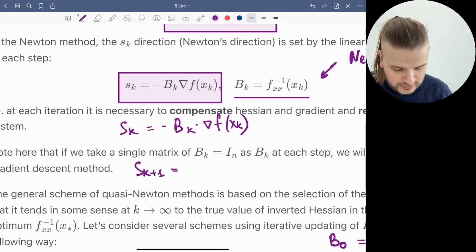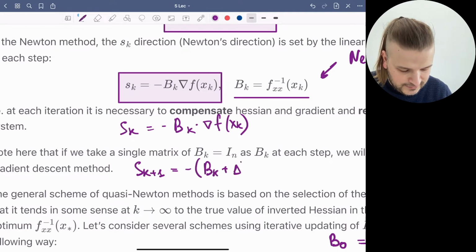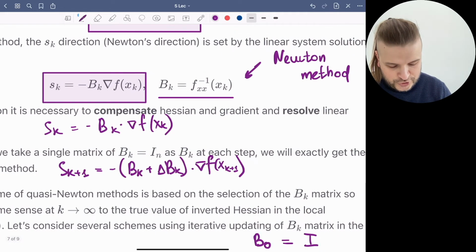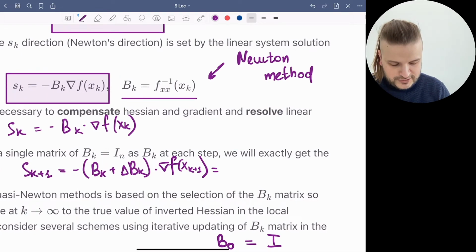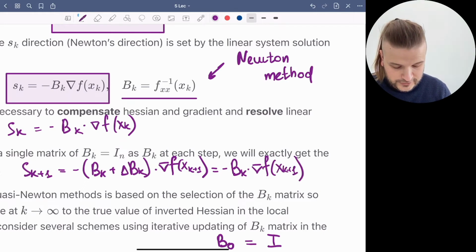Let's take a look. Minus bk plus delta bk multiplied by a new gradient, which is known here, and you can just write here.